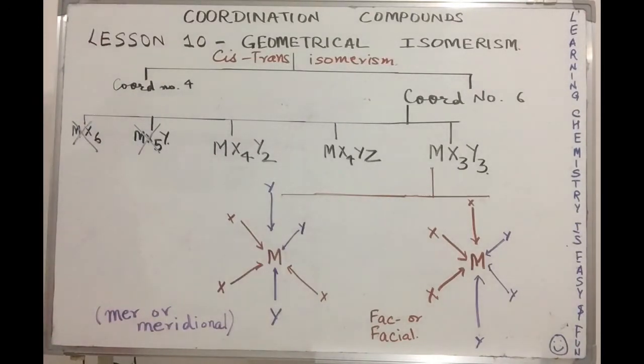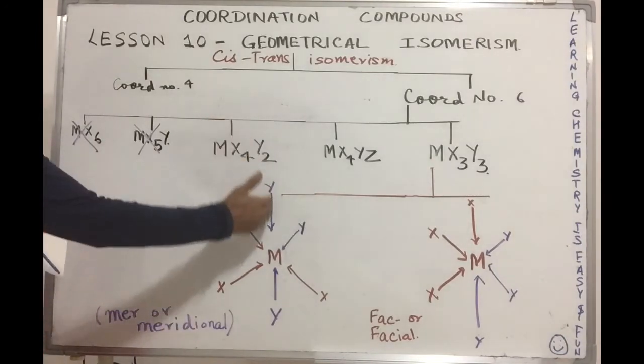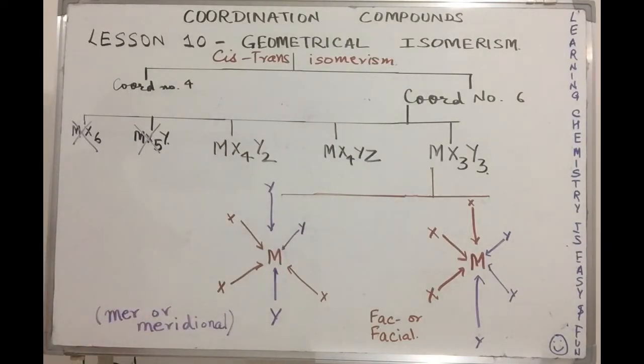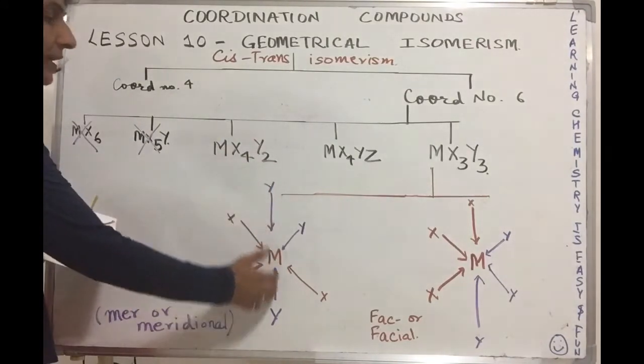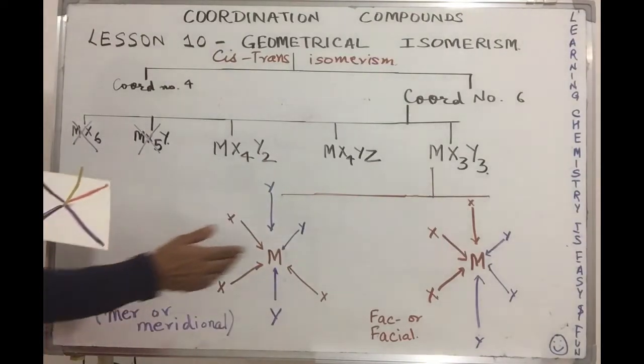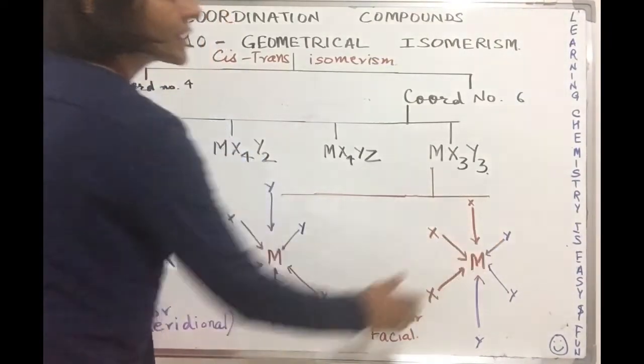Yes, right? So let's see. Meridional or meridian, something which is centered around the vertical line. That means something which is centered around the line in the middle. That's meridional. Facial, which is forming a face.